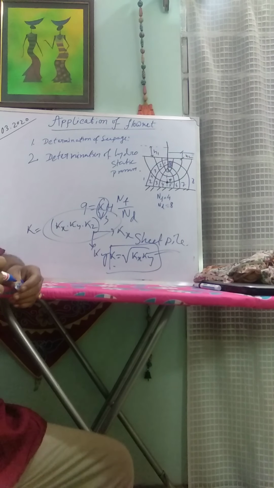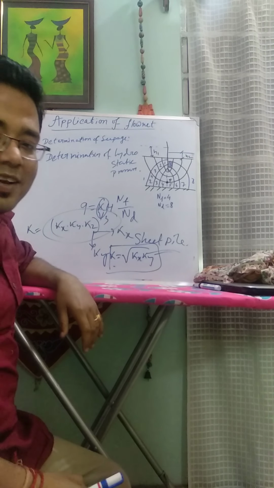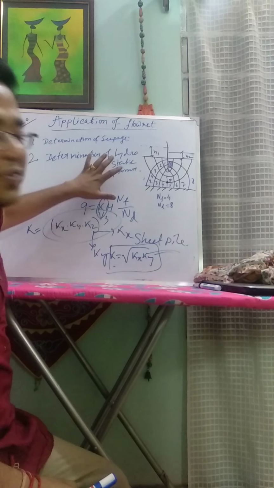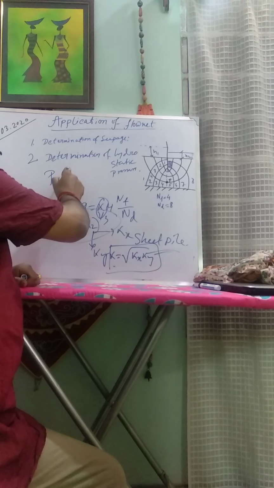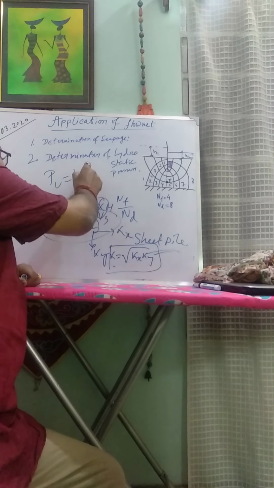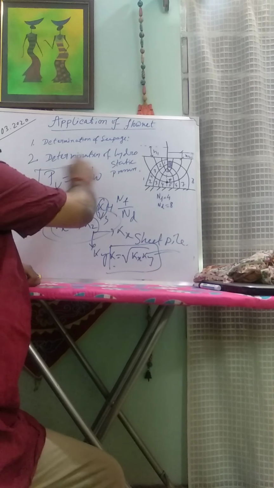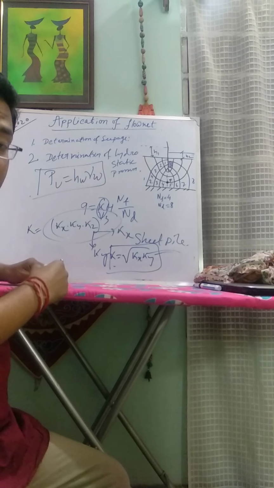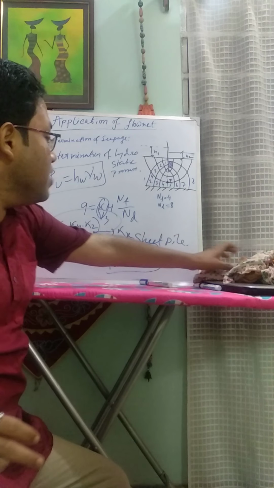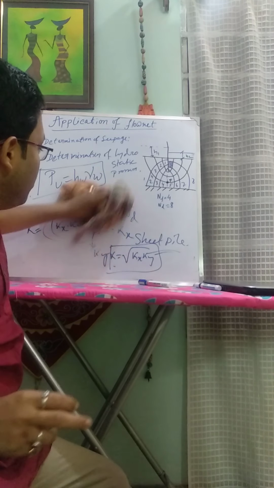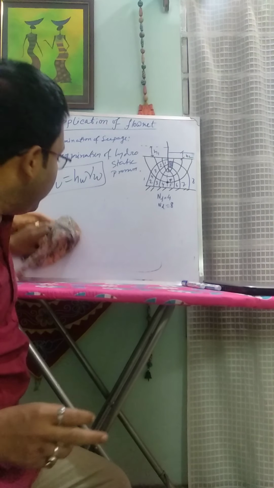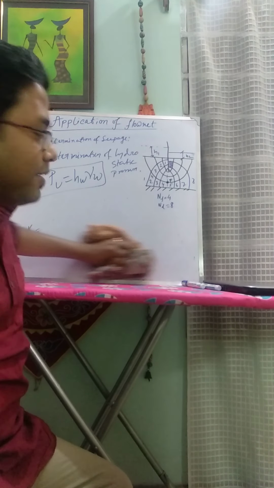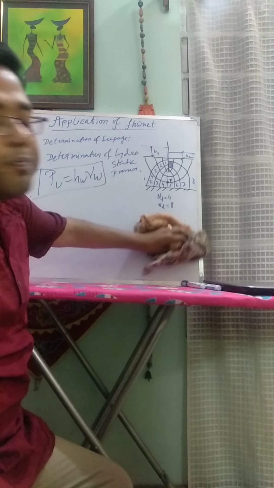From the Flownet we also determine the hydrostatic pressure, and the hydrostatic pressure Pu equals HW into gamma W. This is the formula to find out the hydrostatic pressure.